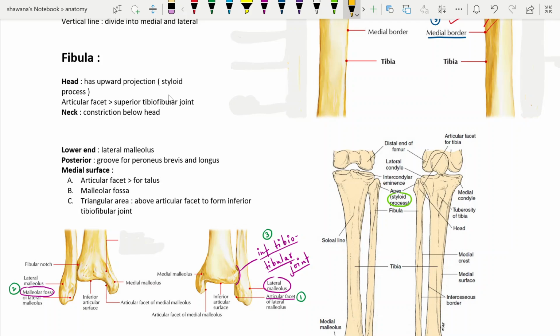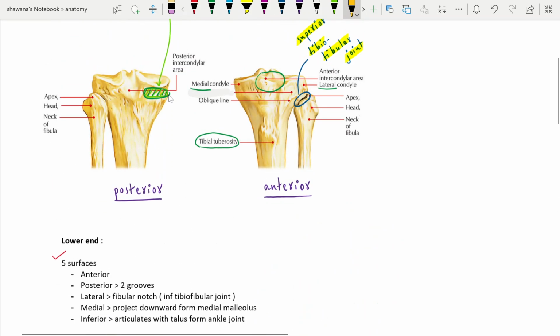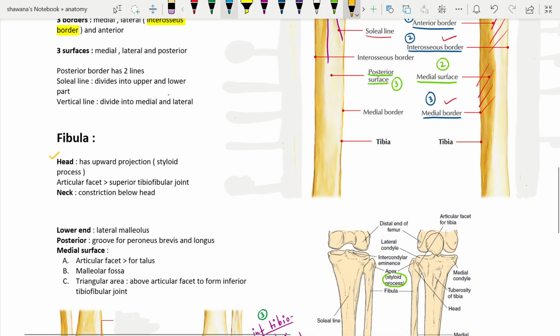First of all, the head of the fibula is an upward projection, also known as the styloid process, and the neck is slightly below the styloid process. The articular facet between the tibia and fibula on the upper end forms the superior tibiofibular joint, as we discussed when we were discussing the tibia.